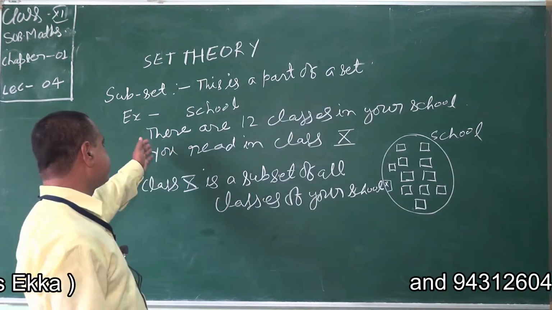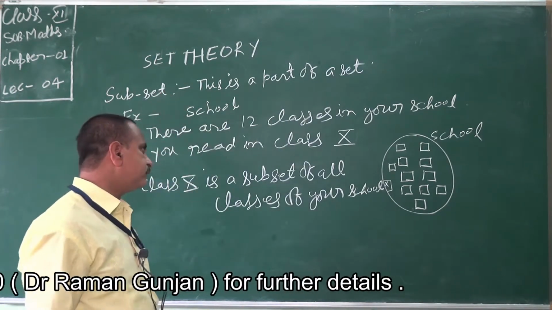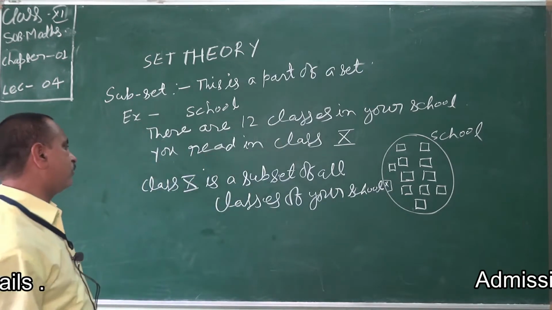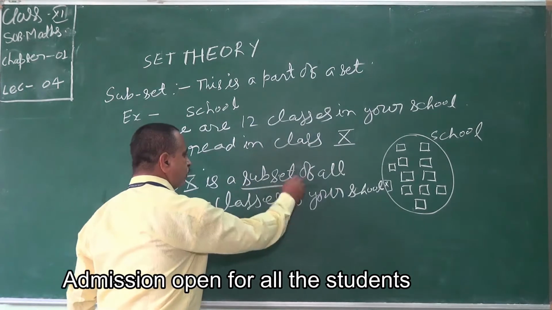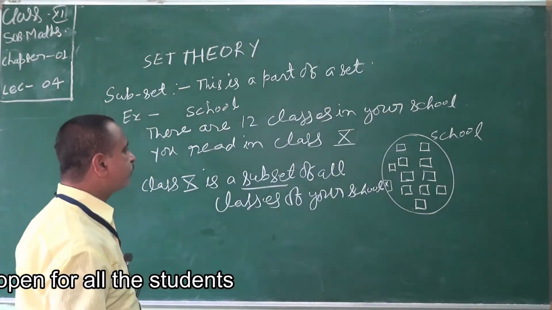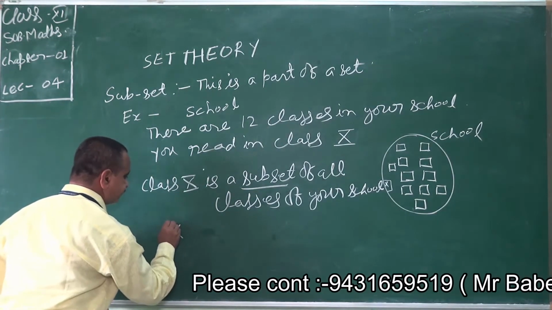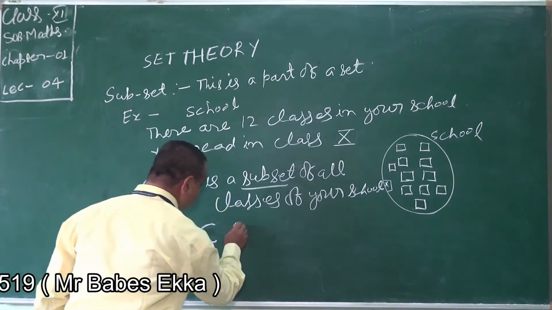I take an example: the school has 12 classes and you read in class 10. Class 10 is called a subset of all classes of your school. You write class 10 is a subset of school.